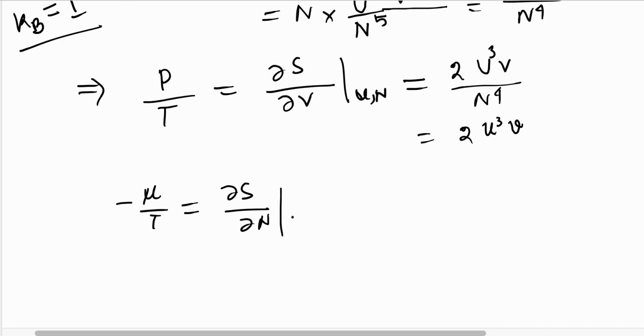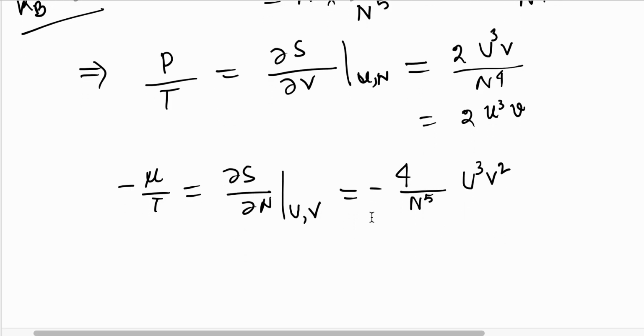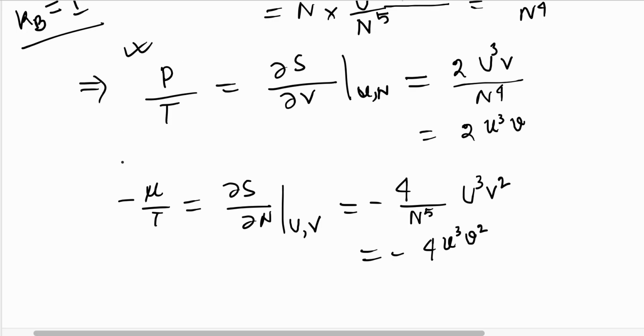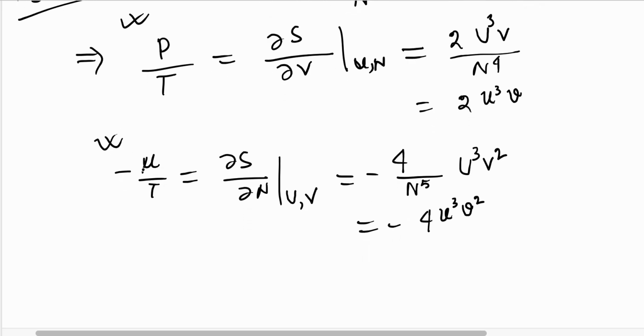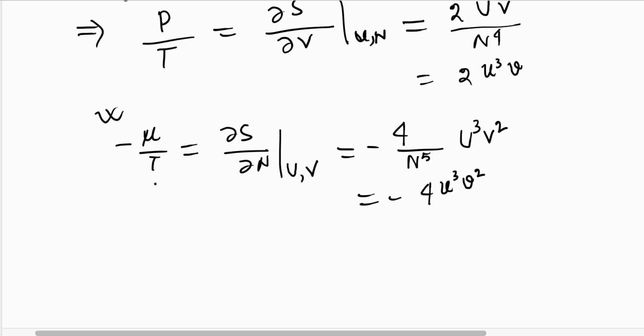With respect to N, that will be nothing but 4 by N to the power 5 times U cube V square, so again we can write it as 4 small u cube v square. This is the first relation for P, and this is the second for the chemical potential mu. P is the pressure, T is the temperature, mu is the chemical potential.